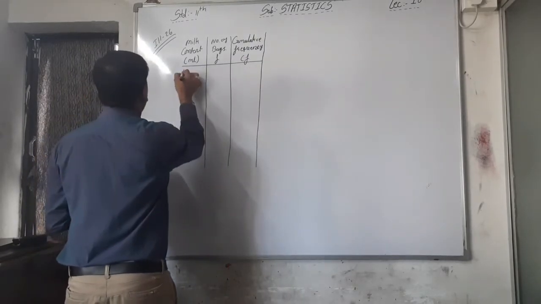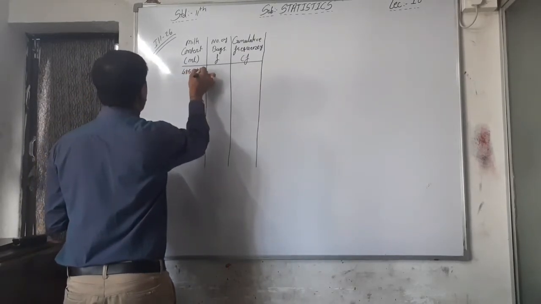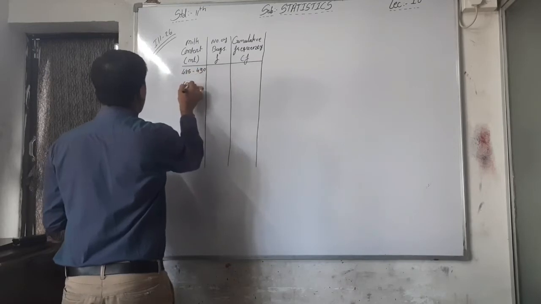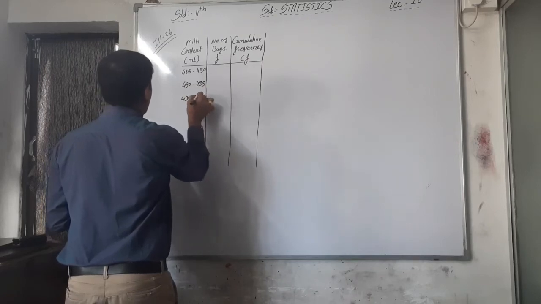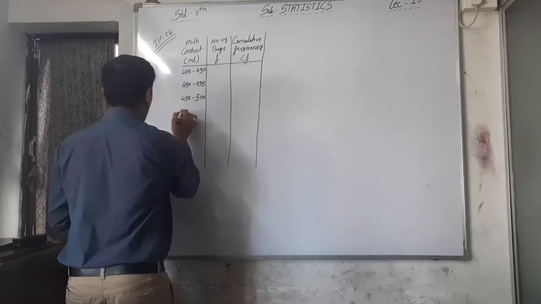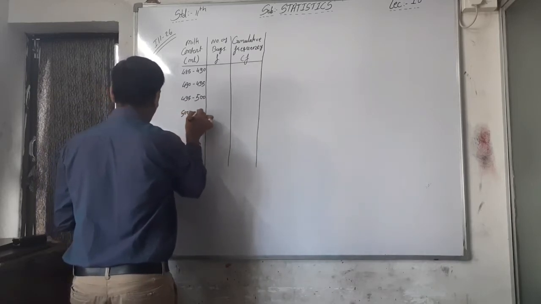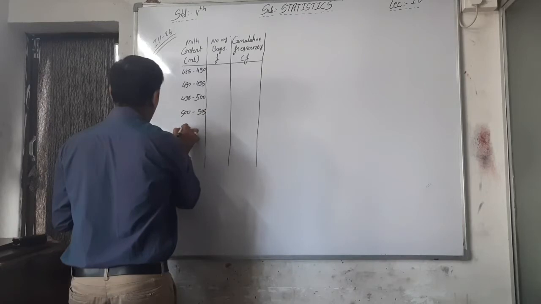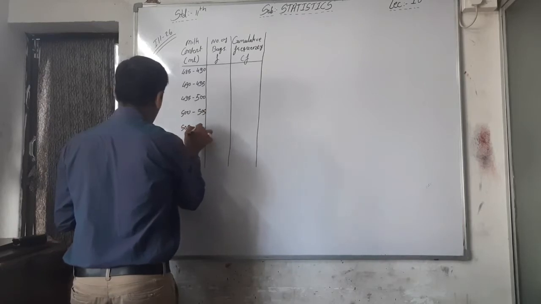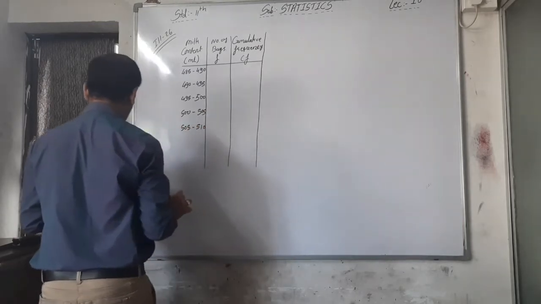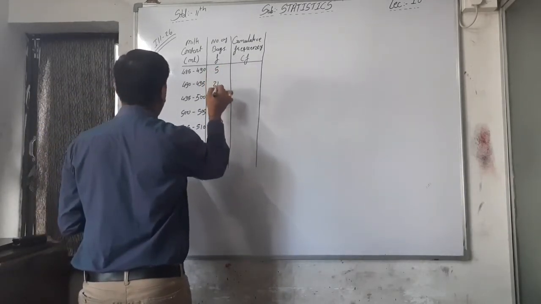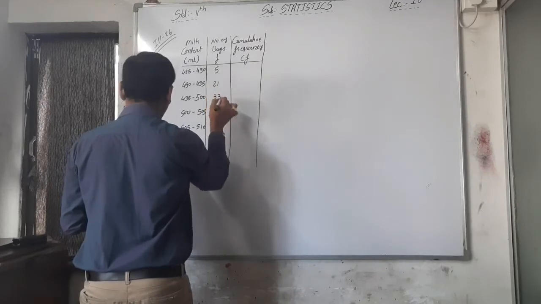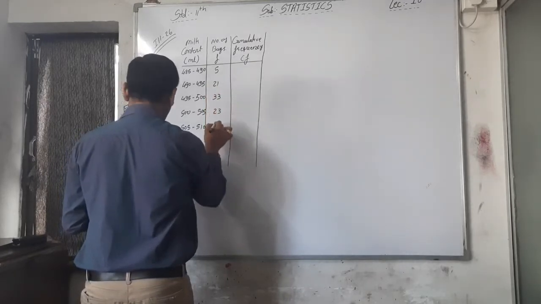Now the classes: 485 to 490, 490 to 495, 495 to 500, then 500 to 505, and then 505 to 510. The frequency is 5, then 21, then 33, then 23, and then 8.